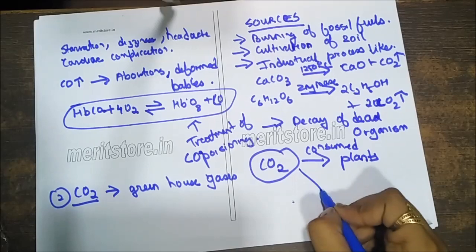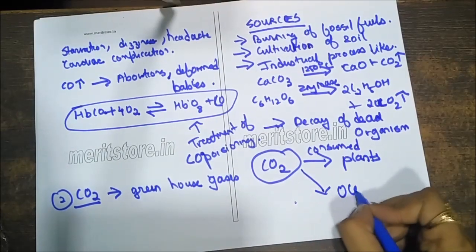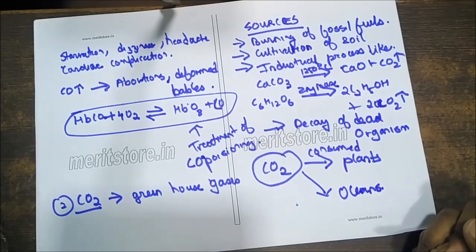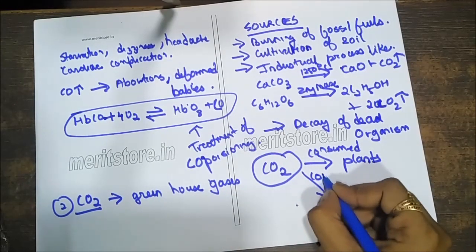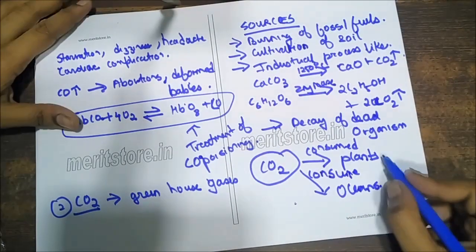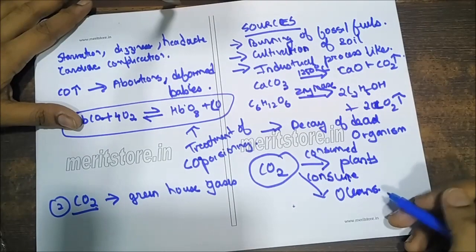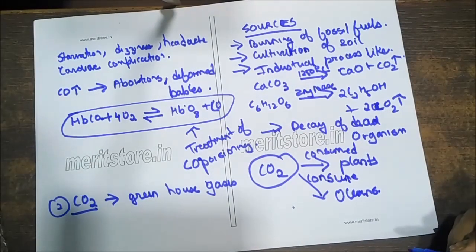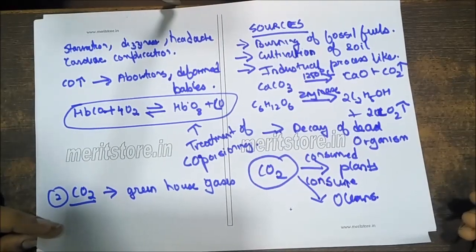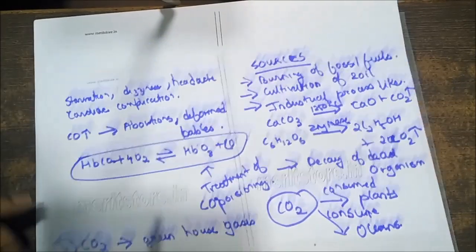Even oceans dissolve carbon dioxide from the atmosphere to form carbonate rocks. So they also consume carbon dioxide. So oceans and plants are very important since they help in reducing the carbon dioxide level in our atmosphere. Now let's study the effects of CO2 in the atmosphere.